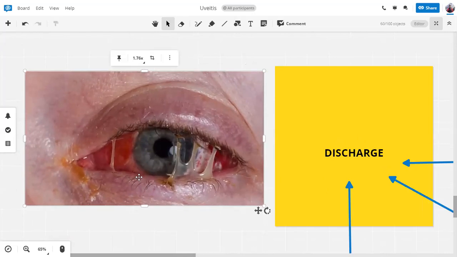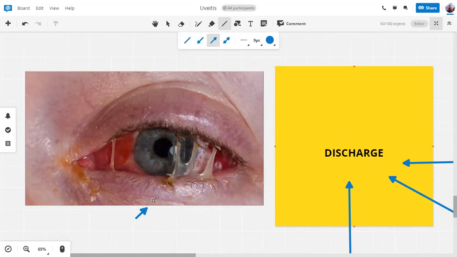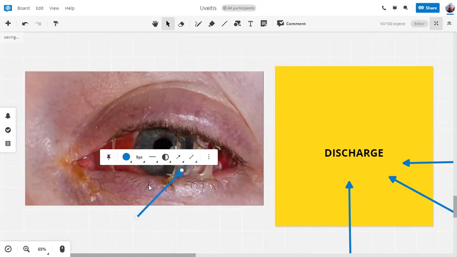This is not mucoid discharge. Why is this not mucoid discharge? You're absolutely right. This is discharge, but this is not mucoid discharge. Mucoid discharge is completely clear. Okay? It has a tinge of yellow in it. So it is mucopurulent.